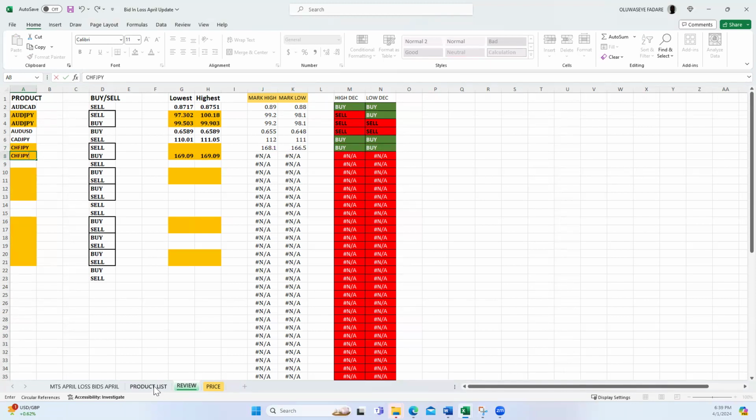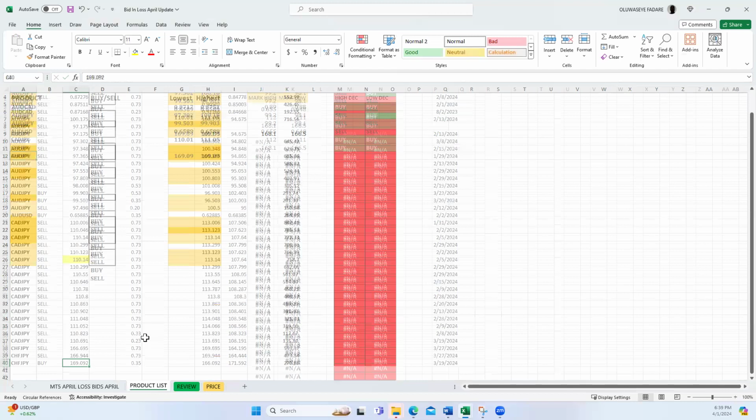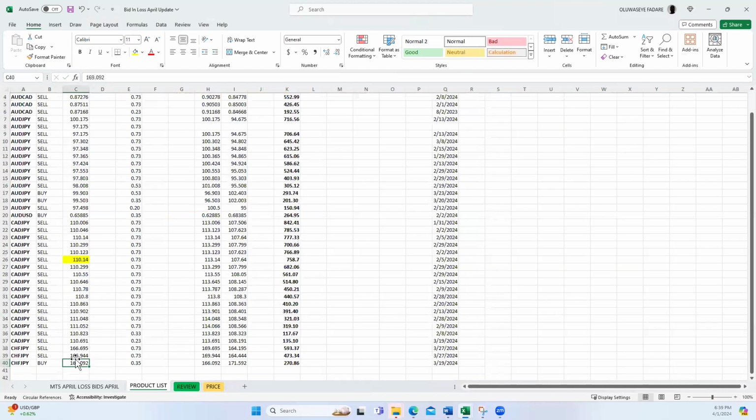Okay, so let's go for the sell. For the sell, we are going to look at the lowest price and the highest price of the sell.